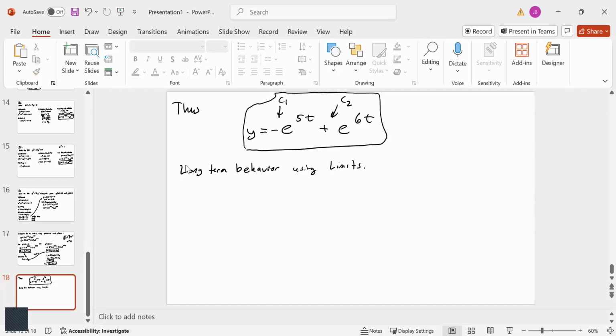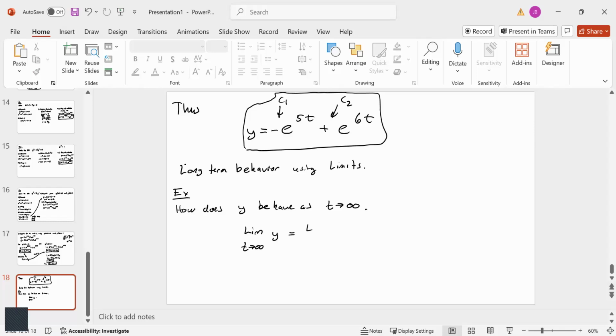For example, how does y behave as t goes to infinity?